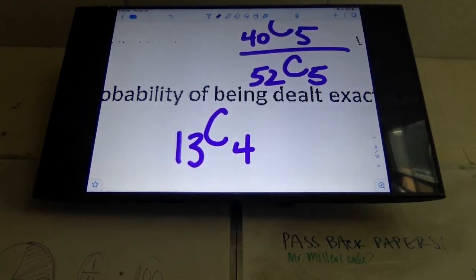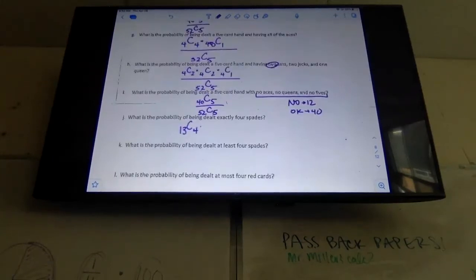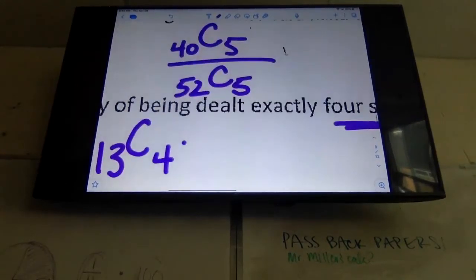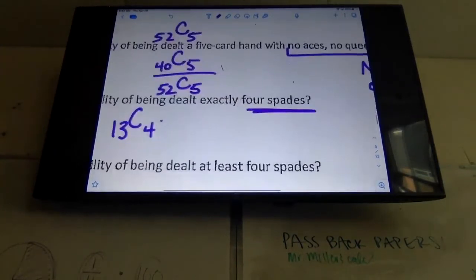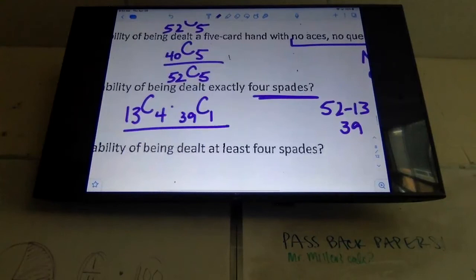No, I need a 5-card hand. Remember, all of these are 5-card hands. I only want 4 spades, though. So 13 choose 4 times 39 choose 1. Why is it 39? 52 minus 13. And then 52 choose 5.